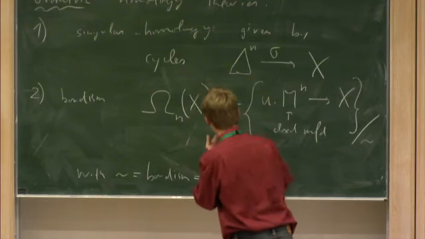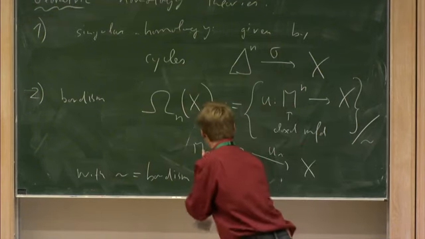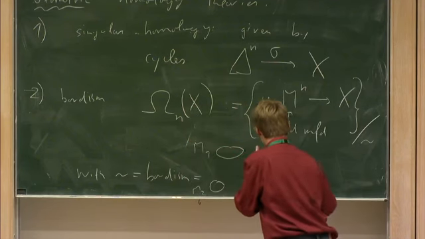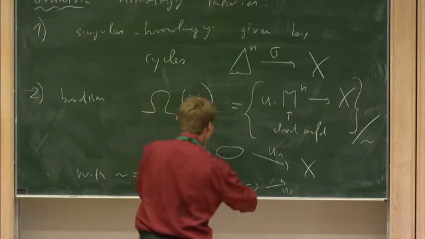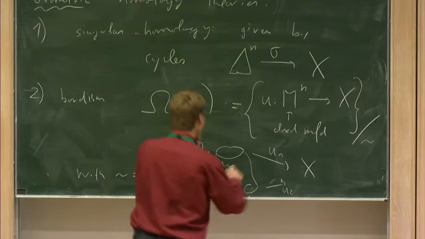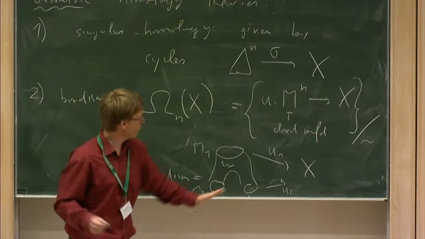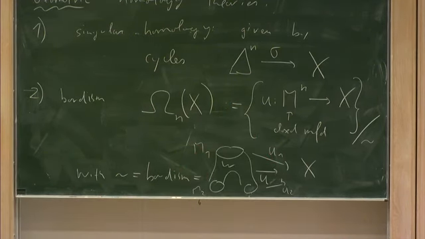So here is M1, u1 mapping to X. Somewhere else is M2, u2 to X. And when are two such considered the same? There is a manifold W, one dimension bigger, whose boundary is M1 minus M2, and the map has to extend to the whole Bordism.